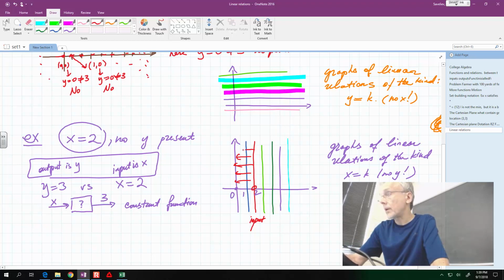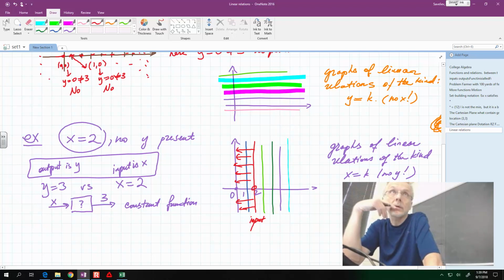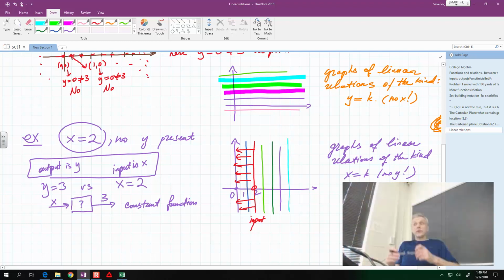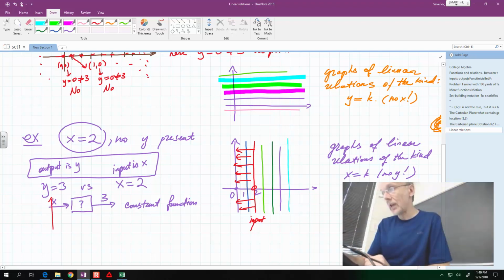All of them, all right? All of these are outputs, and that's not allowed for a function. A function can only have one output. So if we decide that there's only one input 2, then there should be only one output. It is a very uninteresting function, and even then it's not working out. As you can see, we have infinitely many outputs. So this one is, yes, a function.